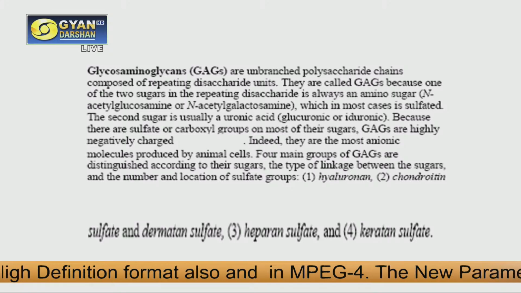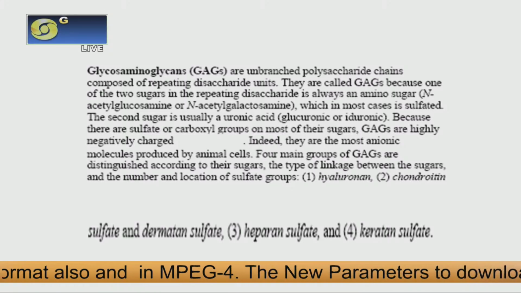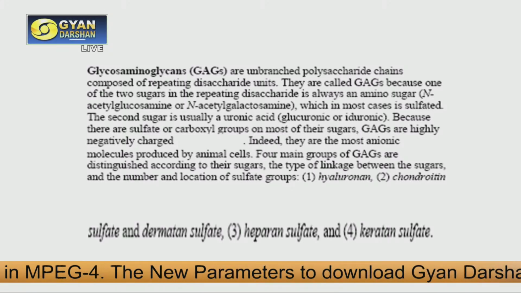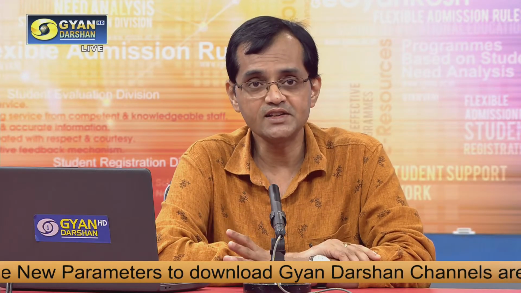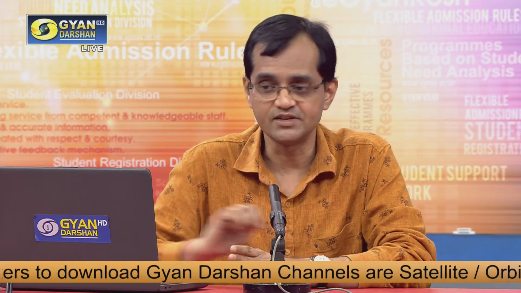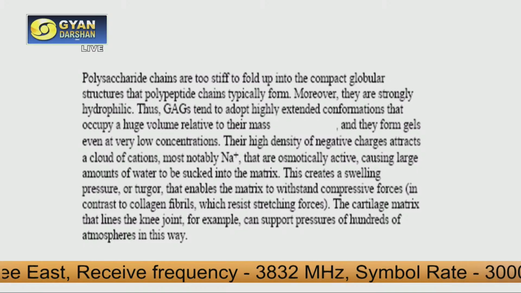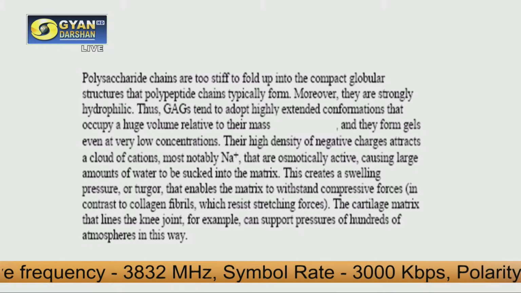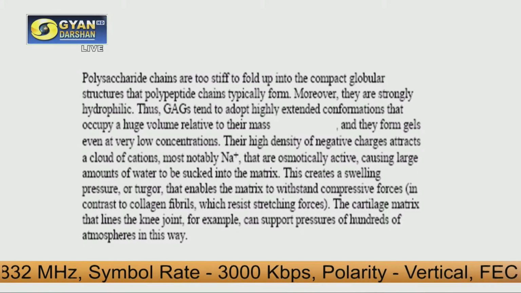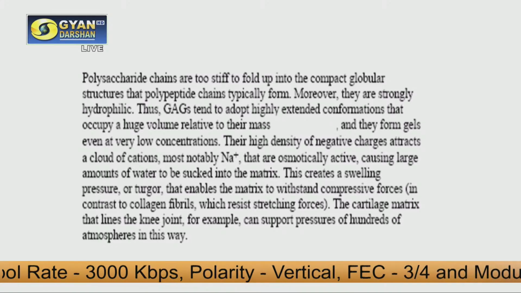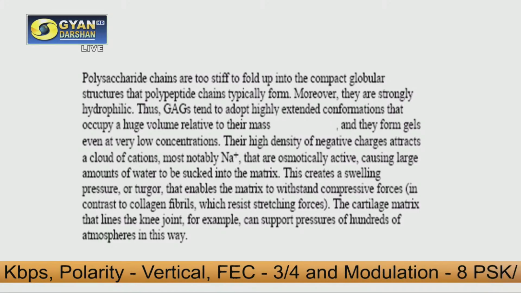So the ultimate feature is that because of the presence of the sulfated groups or carboxyl groups, these components are highly negatively charged. Now what is the immediate significance of this? Because they are highly negatively charged, they can attract a cloud of cations, most notably sodium, that are osmotically active, causing large amounts of water to be sucked into the matrix.